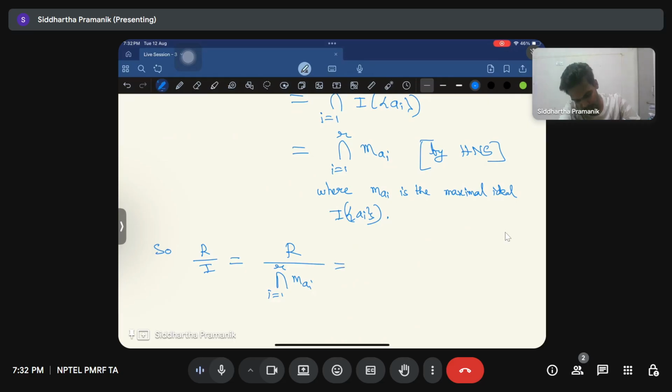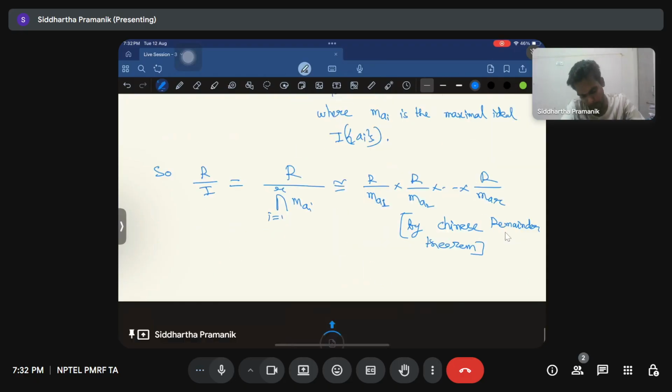Now this is isomorphic to R mod m_{a_1} cross R mod m_{a_2} cross dot dot dot cross R mod m_{a_r}. This is by the Chinese remainder theorem, because these are maximal ideals, so they are pairwise coprime.